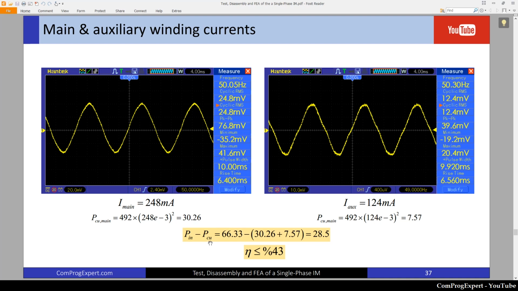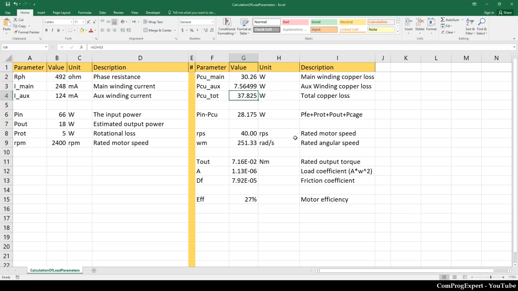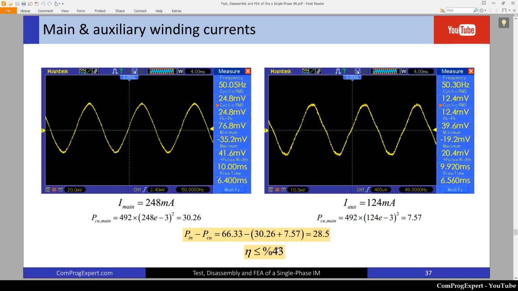Actually, if we calculate the efficiency considering iron losses, rotational losses, and cage losses equal to 0, the efficiency is around 43%, because I just considered the stator winding copper losses.